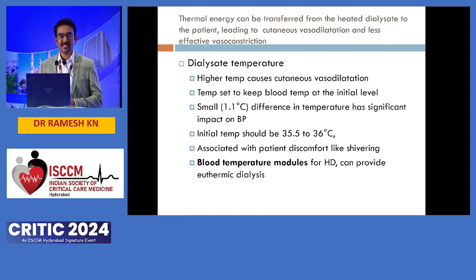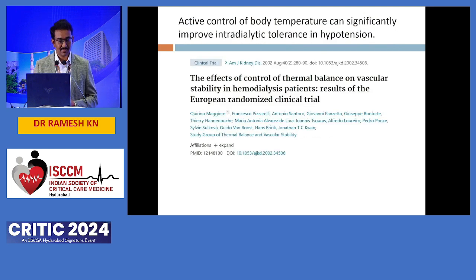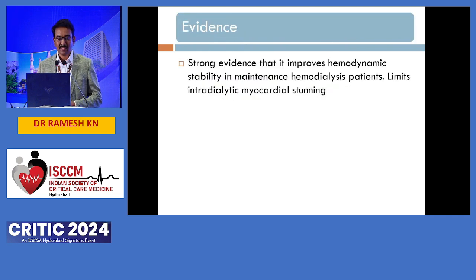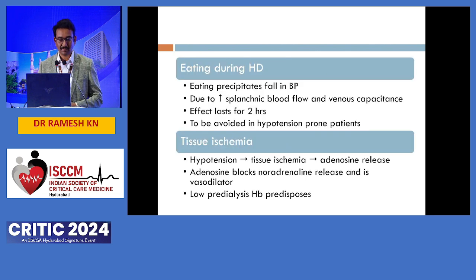So there are two ways: direct vasodilation will cause hypotension, and the compensatory mechanism during the fluid shift also will act, causing hypotension for the patient. So maintain the initial dialysate fluid temperature of 35 to 35.5 to 36 degrees Celsius and use blood temperature modules. This is a study which has very strong evidence to show that hemodynamic instability can be avoided by monitoring the temperature.